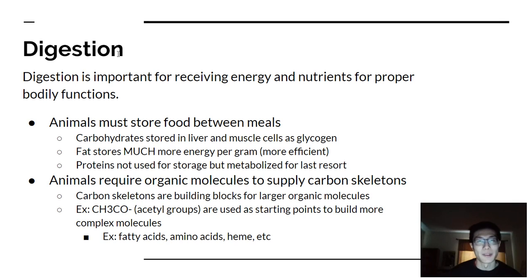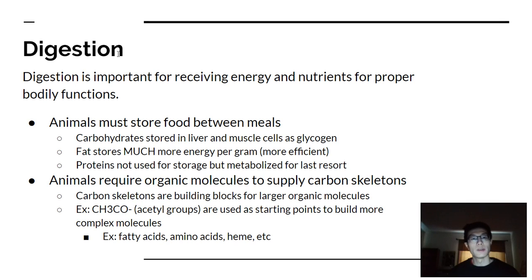Now, animals, as animals ourselves, we're not going to be eating constantly. So we must find ways to store nutrients and energy between meals. So we store carbohydrates in the liver and muscle cells as this thing called glycogen.